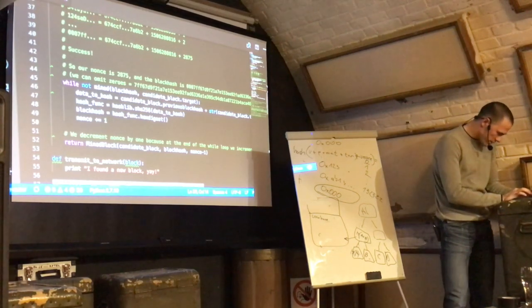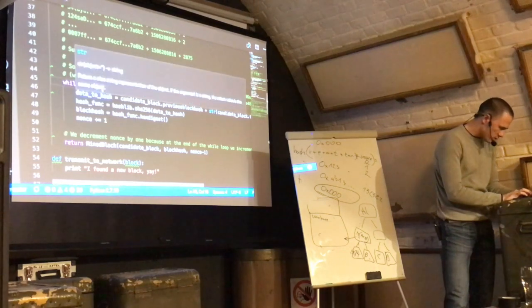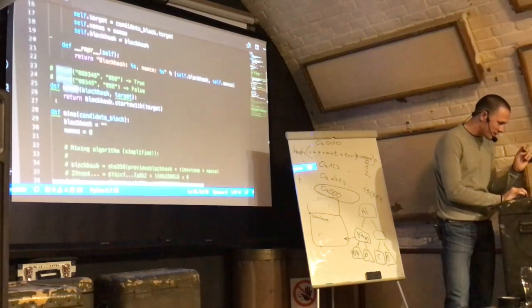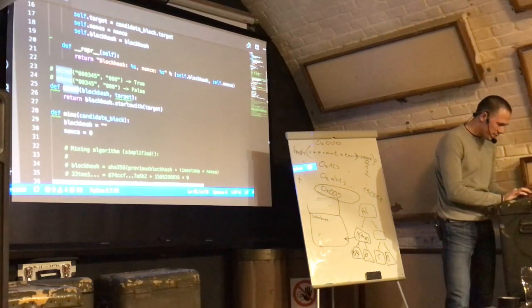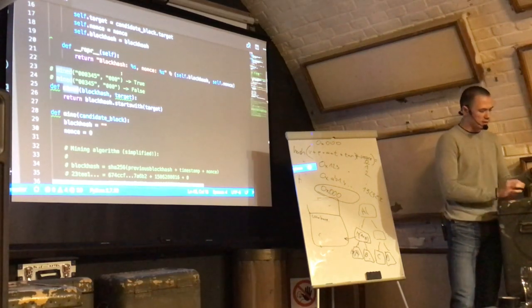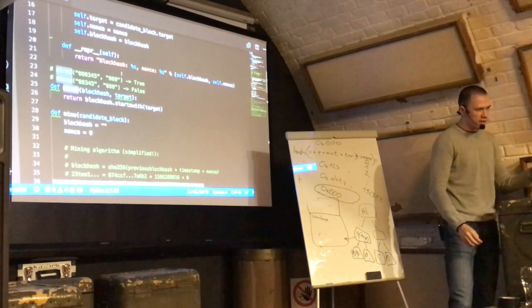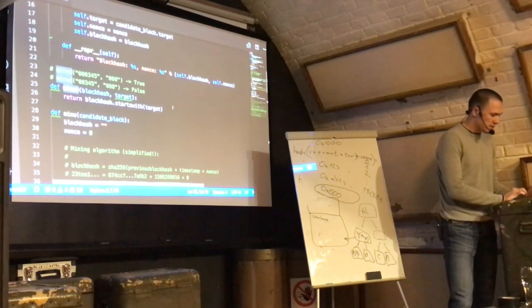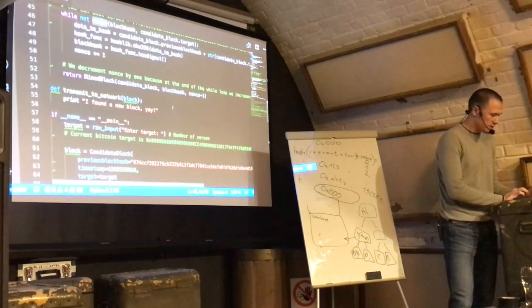Here we have the mined block, and what our miner does is it only compares if the block hash actually starts with the target. Target is the number of zeros. You see up here, target is 3 zeros, and if our block hash starts with 3 zeros, it is true. If it doesn't, it's false. So it isn't mined until it starts with 3 zeros.